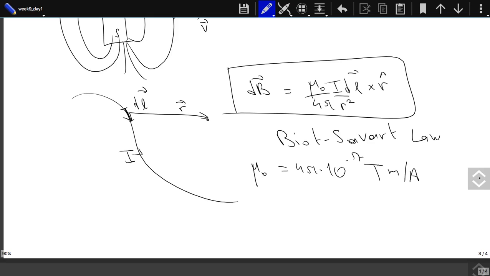We will be defining 1 ampere. But if you change the definition of ampere, that appears over here, you change the numerical value of mu0. So we define 1 ampere such that this is exact. Later on, we will see that this kind of amounts to the definition of the speed of light.